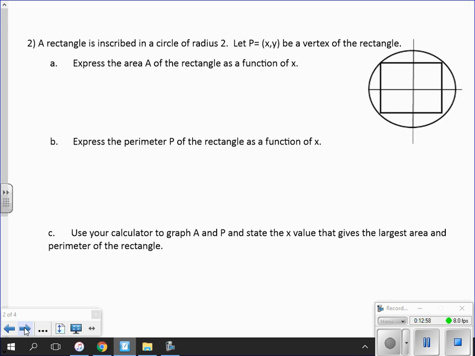So what is my original equation? What is the equation of a circle? Yeah, x squared plus y squared equals the radius squared. What's the radius? 2. So my equation that describes the circle would be x squared plus y squared equals 4.